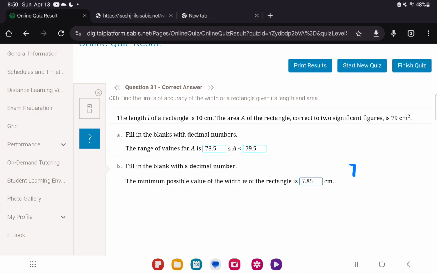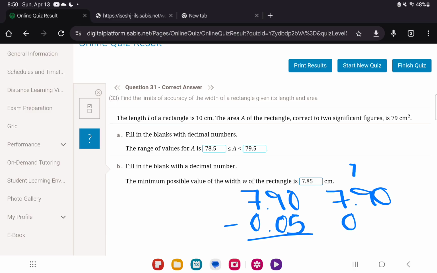So 7.9, like I said, you put a 0 to the last digit and then you add a 0 here. You put 5, because you always put the decimal where the decimal place is. 0.05 minus, and here you do the plus 0.05.